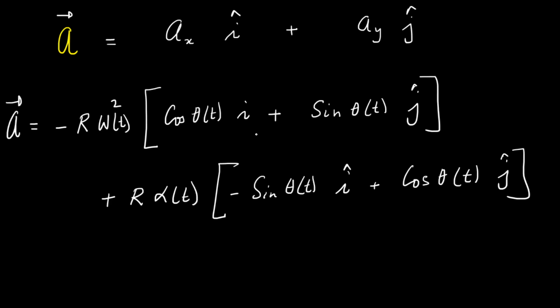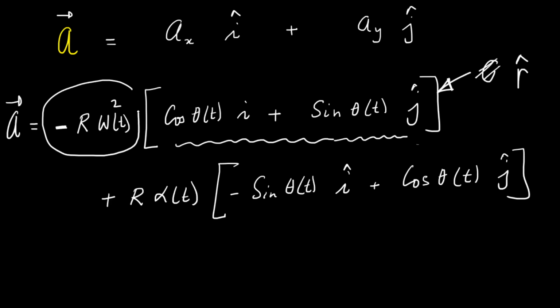Now one quickly realizes that, like before, this is the position vector. If this is the position vector, then with a minus sign, it's indeed towards the center. So this is a unit vector in the radial direction, and this is the magnitude of the acceleration in the radial direction.